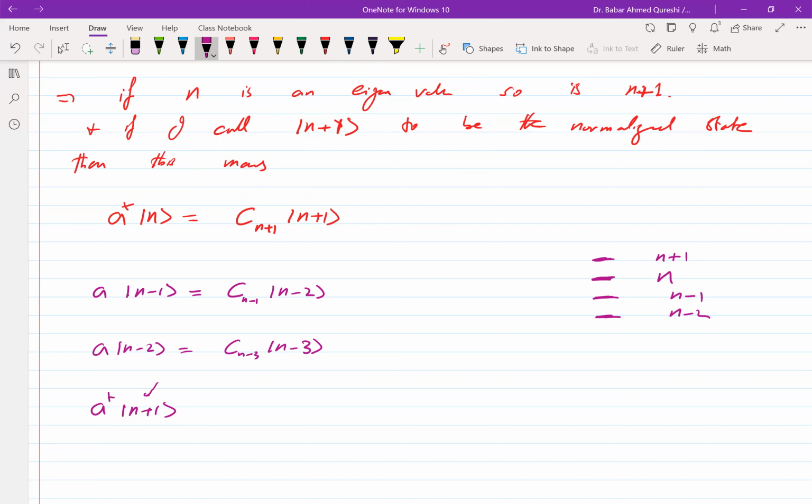This is an eigenstate with eigenvalue n plus 1. The same logic tells me that n was nothing special. You start with any eigenvalue, act with a dagger, and you get 1 added to your eigenvalue. So I'll start from n, and I'll have this whole tower in both directions.